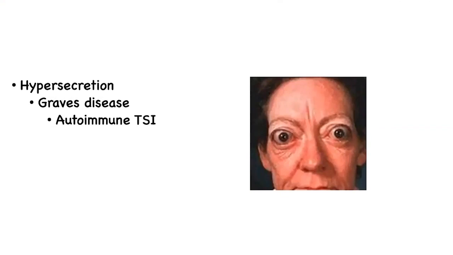In response to TSI, follicular cells will increase the production and secretion of thyroid hormone. This leads to hyperthyroidism. A condition called exophthalmia will also occur. This condition will protrude the eyeballs anteriorly. If left untreated, this will permanently damage the optic nerve, leading to blindness.